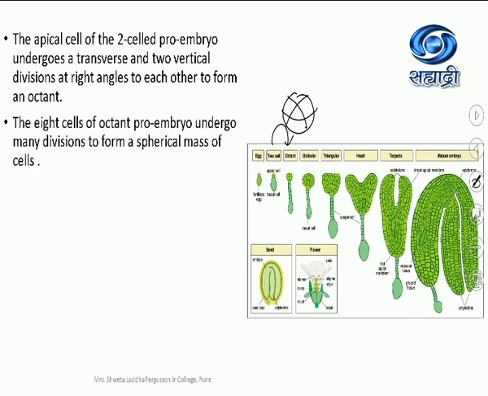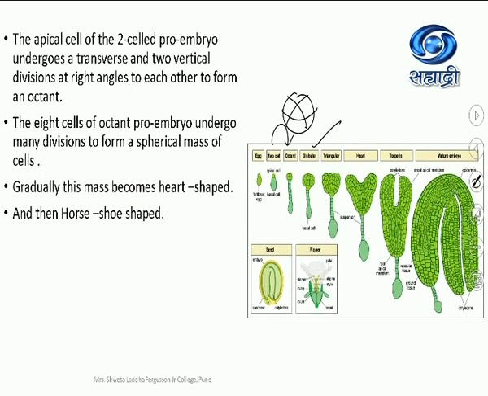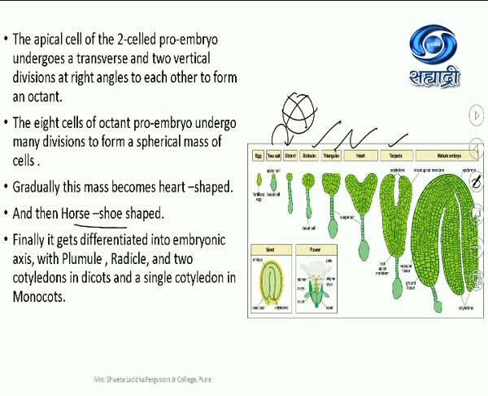Then the 8 cells of the octant proembryo undergo many divisions to form a spherical mass, the globular stage. From the globular it becomes triangular, then heart-shaped, then torpedo. Torpedo is also called horseshoe-shaped. Finally, it gets differentiated into the embryonic axis. It has a plumule, it has a radicle, it has two cotyledons because we are talking about dicots, and only a single cotyledon will develop in monocot.